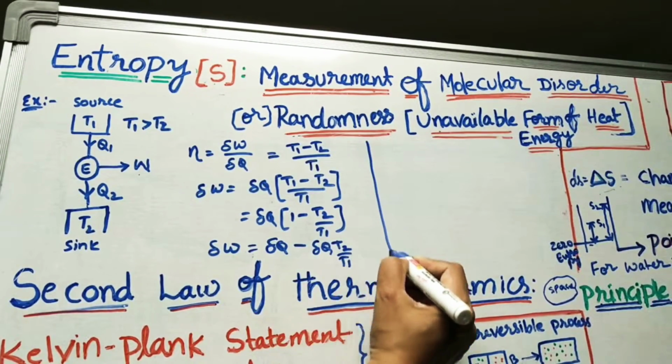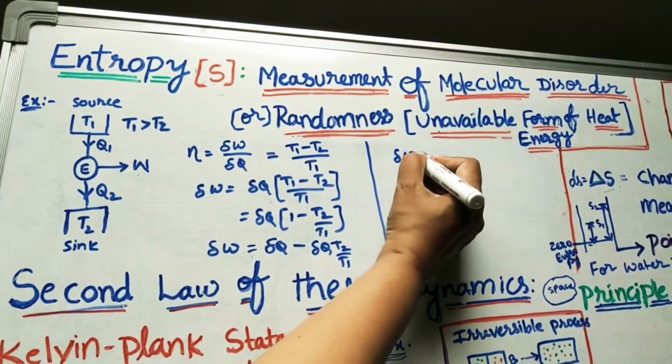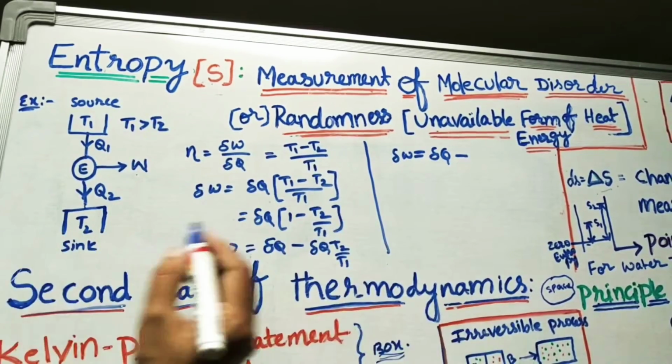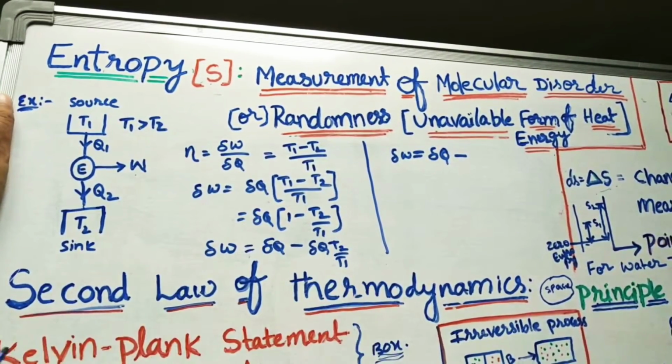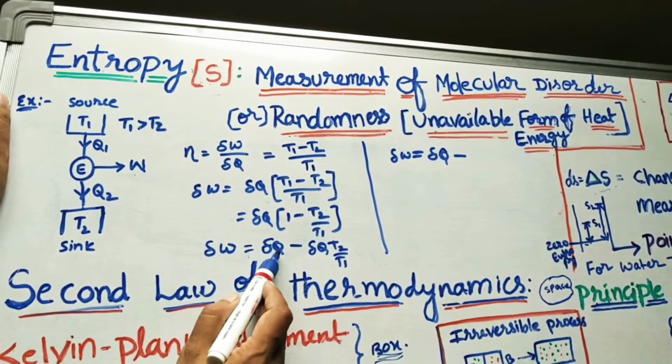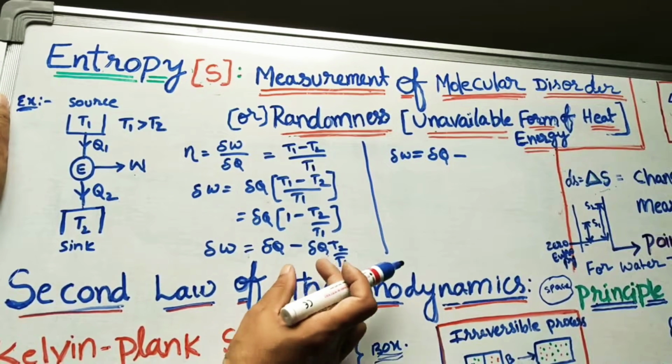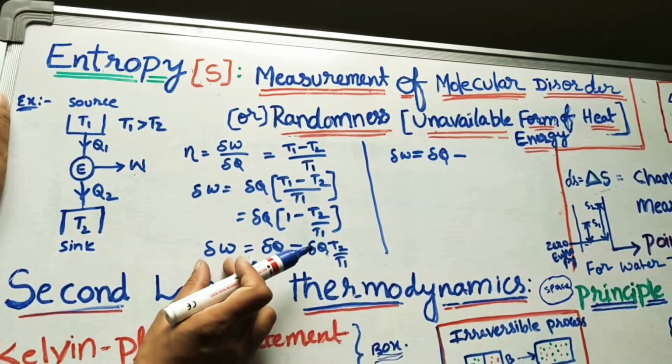Here I am writing the same thing: delta W is equal to delta Q minus delta Q into T2 by T1. This first term is the available form of heat energy, and this second term is the unavailable form of heat energy. The difference is used for doing work.